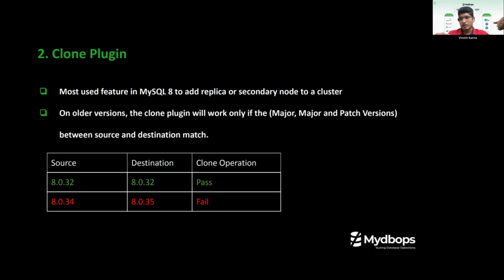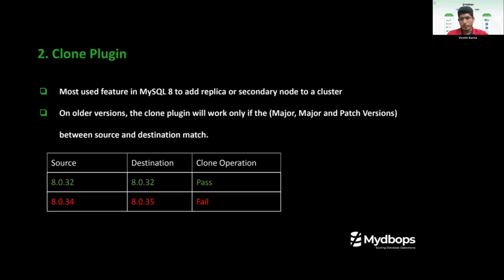But this is going to change now. For example, you could not clone a server running 8.0.35 from 8.0.34 in the past. The operation would fail, saying incompatible.